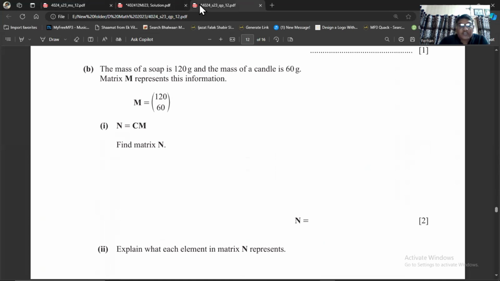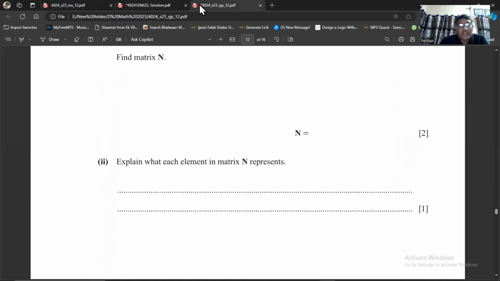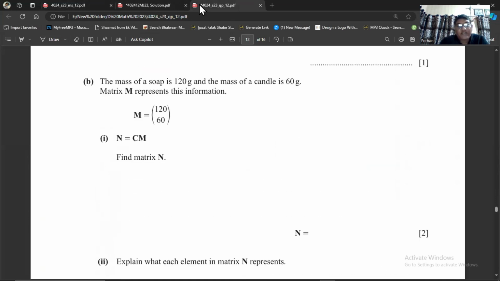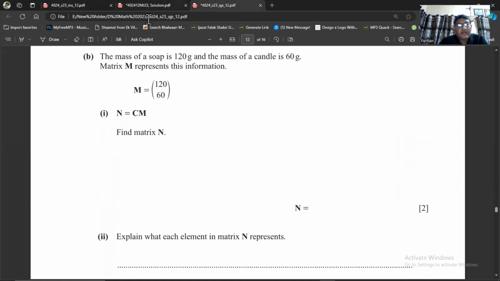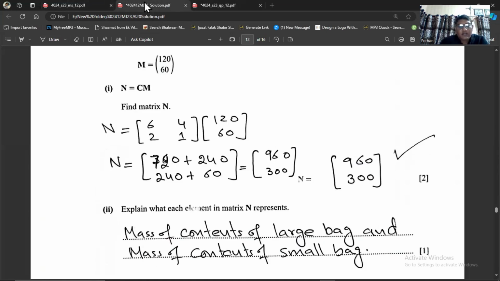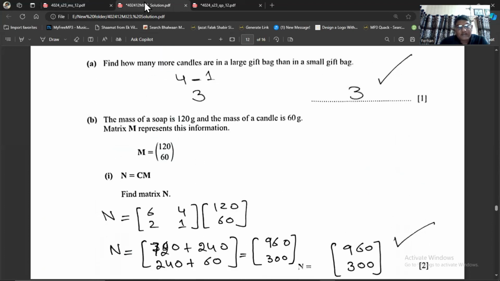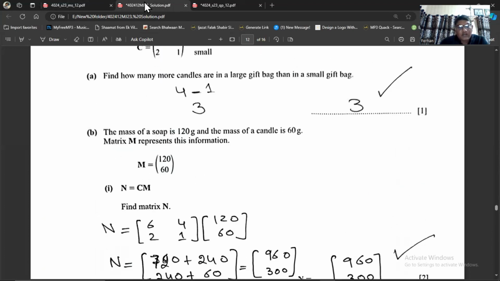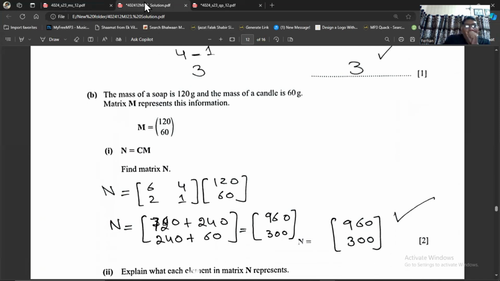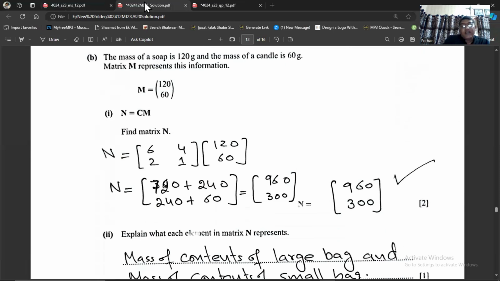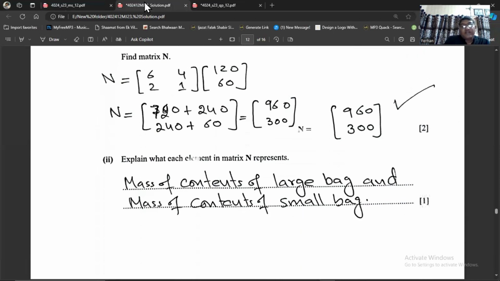Then their question is explain what each element in the matrix N represents. In the matrix N, the upper number represents the mass of the soaps, and the lower number 300 represents the mass of candle.